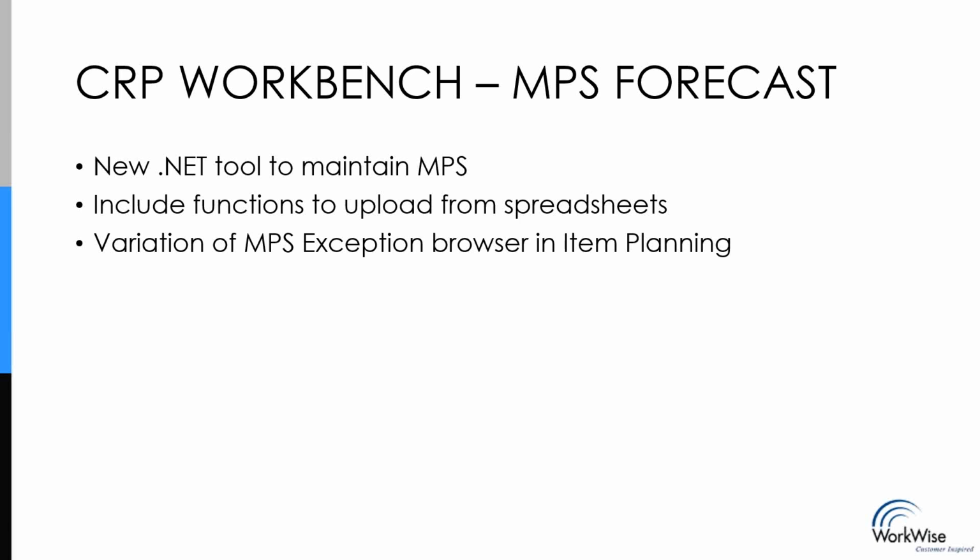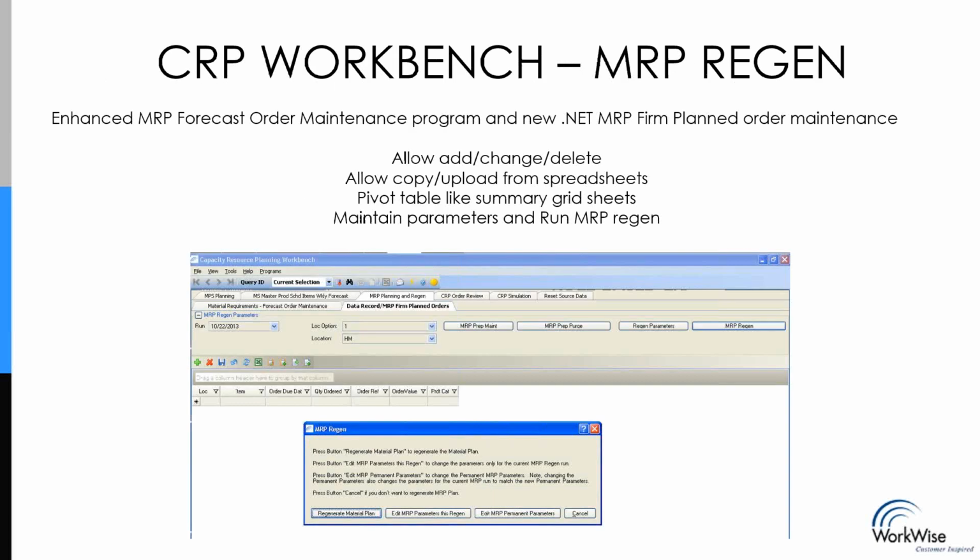So MRP provides a production or building schedule for manufactured components, and also a buying schedule for purchase components. So that's what we're speaking of when we talk about MPS versus MRP, and it's all material oriented.